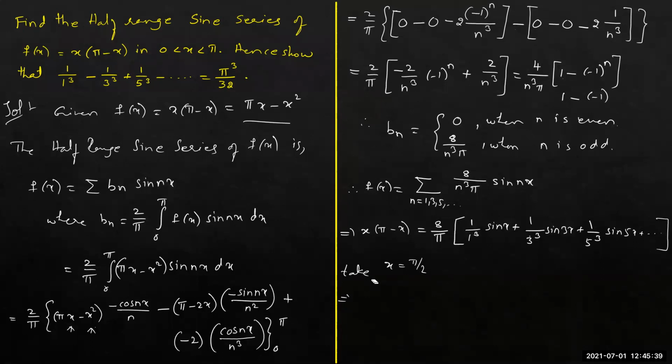Therefore, you know what you'll get here. If you substitute x is equal to pi by 2, here it is pi by 2 and here it is pi minus pi by 2.